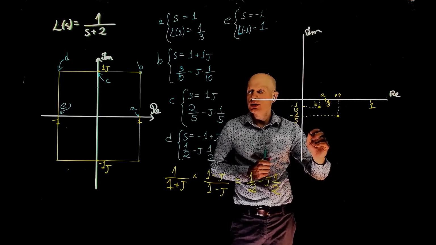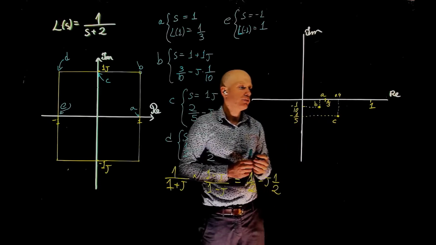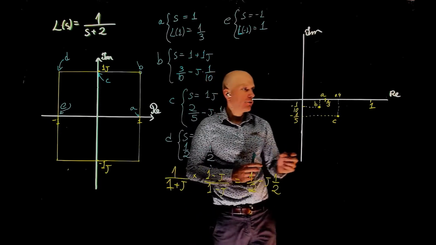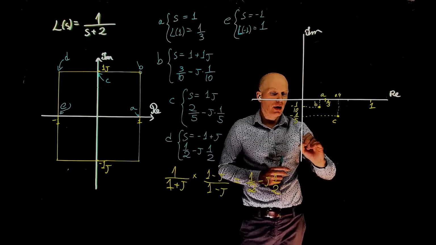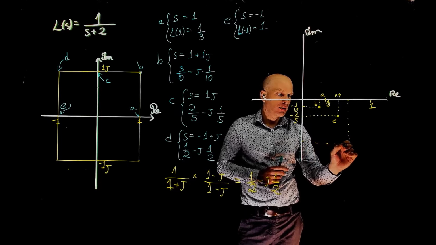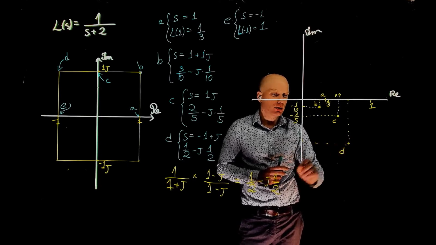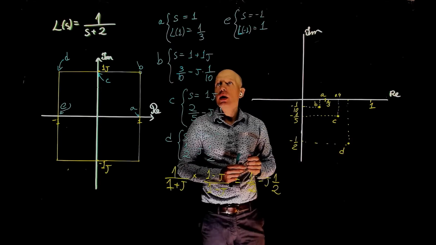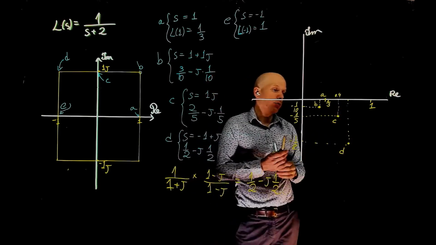So this is point C. Point D, 1/2 and negative 1/2, so halfway, and around here, this would be point D. And point E is at 1.